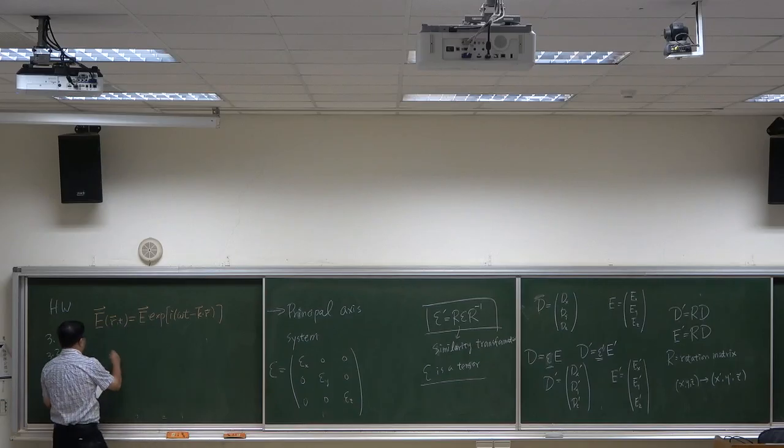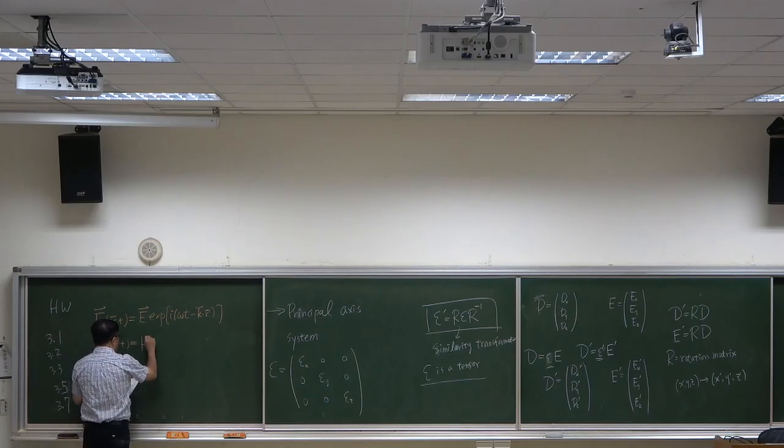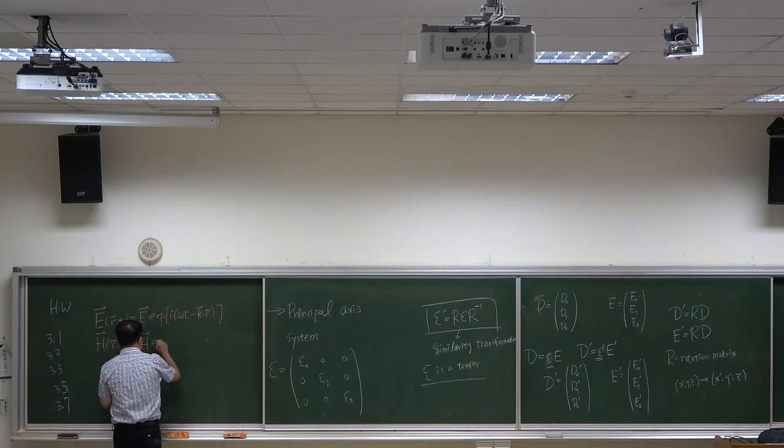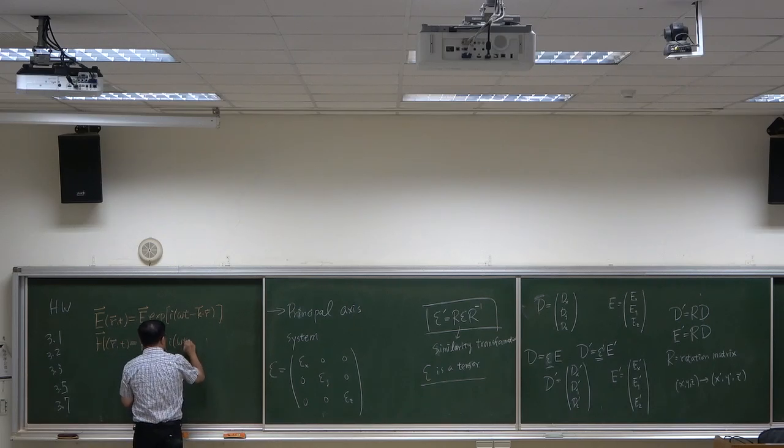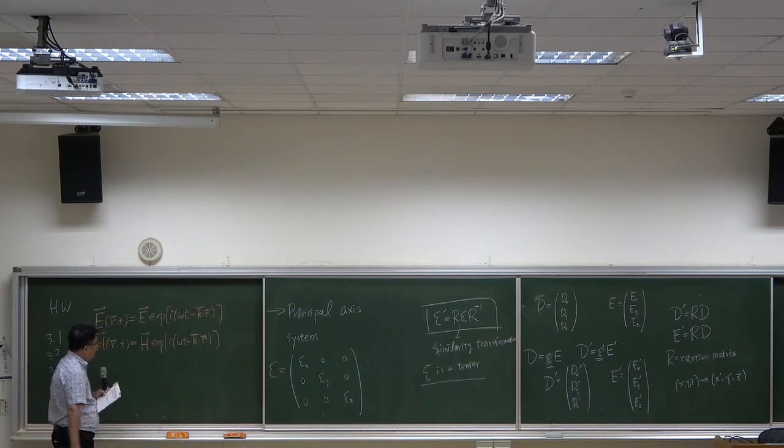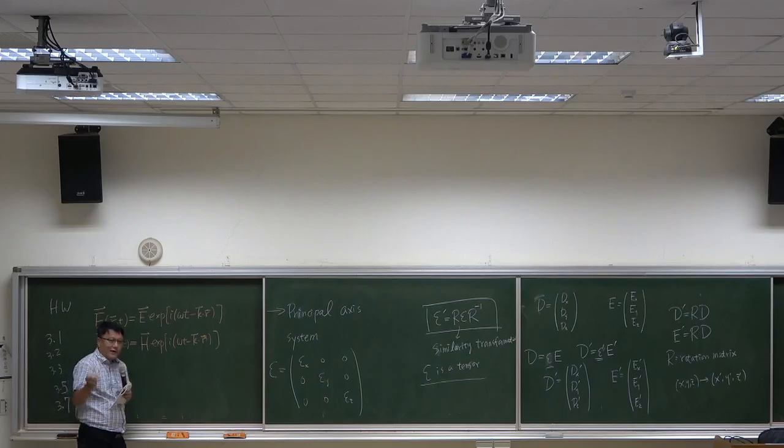And the corresponding H vector, H(r,t), we write as H exponential i(omega t minus k dot r). Here, in general, E and H are complex vectors.